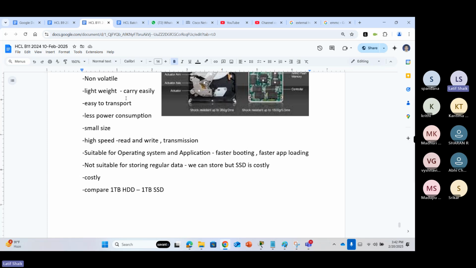Nowadays, SSDs are mainly used for storing your operating system and applications. SSDs are more suitable for that, which helps you with faster booting and faster application loading.